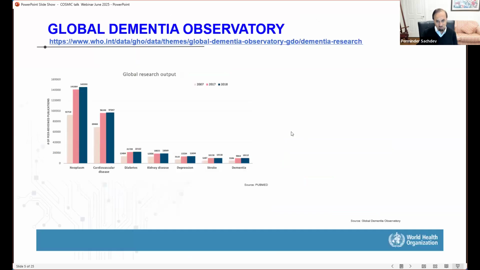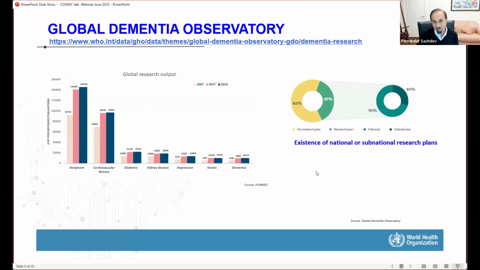Now, one of the things that we also see in terms of inequity in dementia is the research in dementia. Firstly, inequity in terms of other diseases. We still lag behind a lot of other diseases. We are perhaps on par with depression and stroke, but way behind cancer and cardiovascular disease, which is where we want to be in terms of the funding.